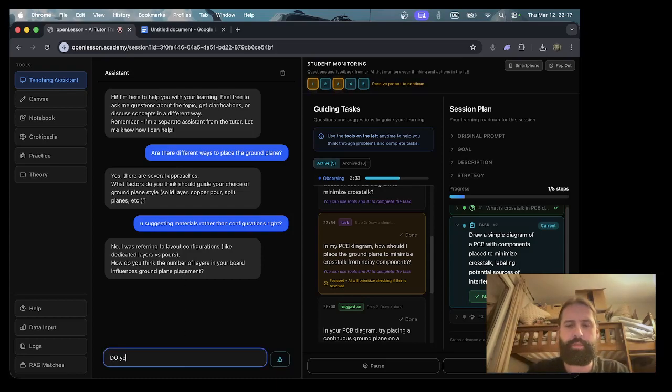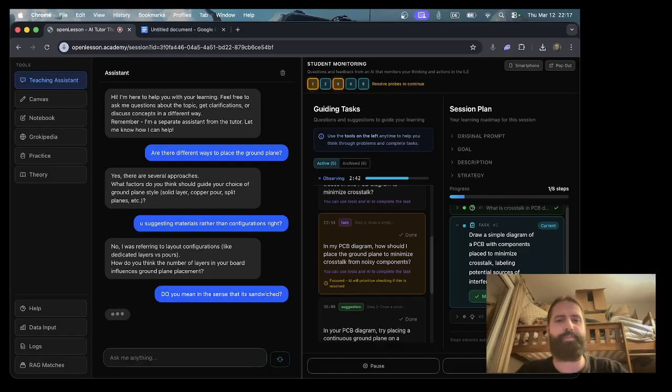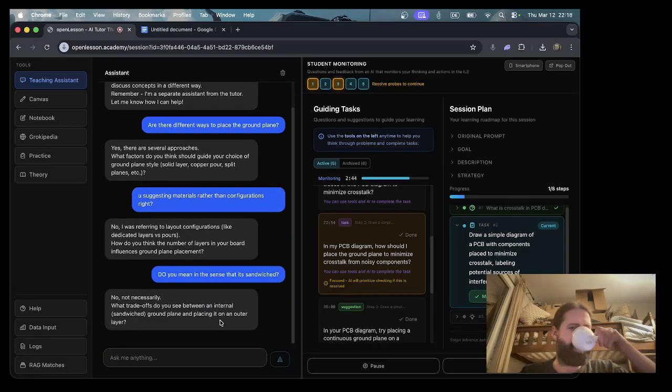Do you mean in the sense that it's sandwiched, or on an outer layer? Okay, yeah, sure, fine. And we'll place the ground plane to minimize crosstalk from noisy components.